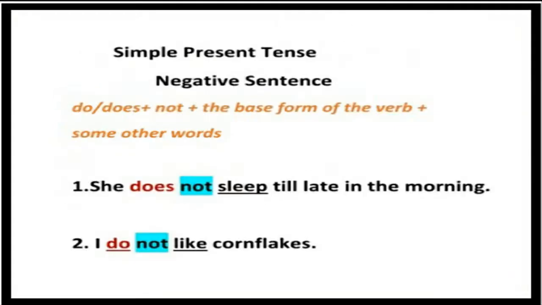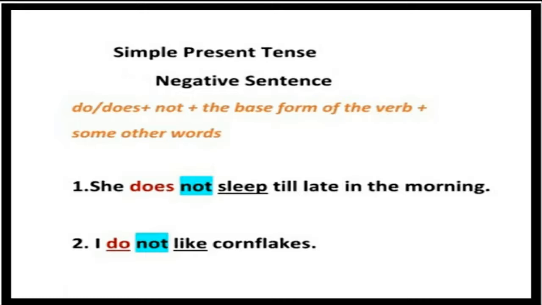We can also make a negative sentence by using the simple present tense. Then the formula will be do or does plus not plus the base form of the verb plus some other words. Now see the examples.